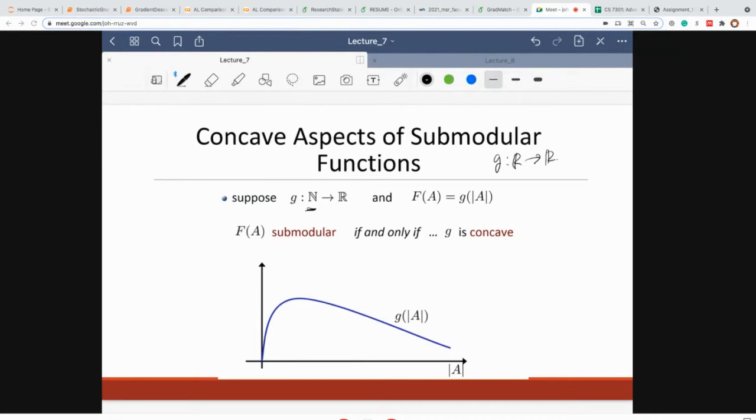So this is the close connection of submodularity and concavity: if you have a cardinality-based function, then you have this if and only if relationship between f and g. So f is submodular if and only if g is concave.